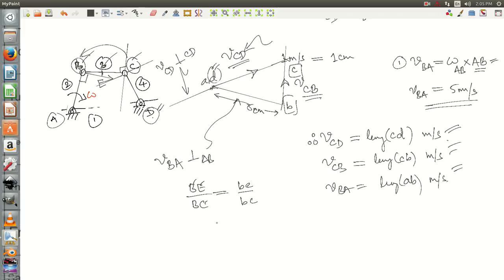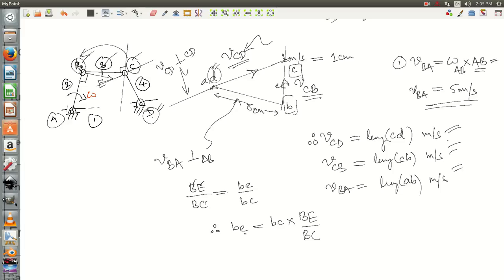Therefore be is equal to bc into capital BE divided by capital BC. Hence we can easily get the point E, which is on the line BC, at the distance BE from B here.